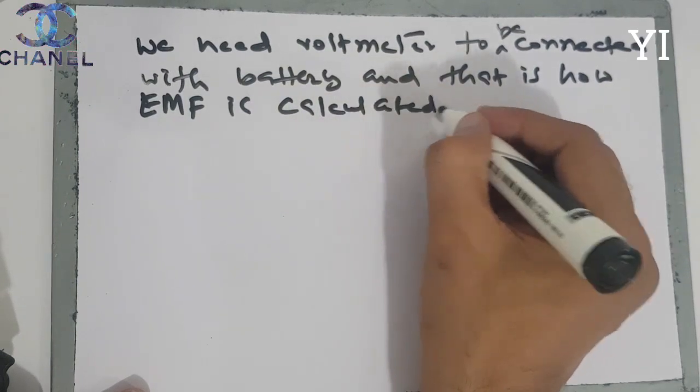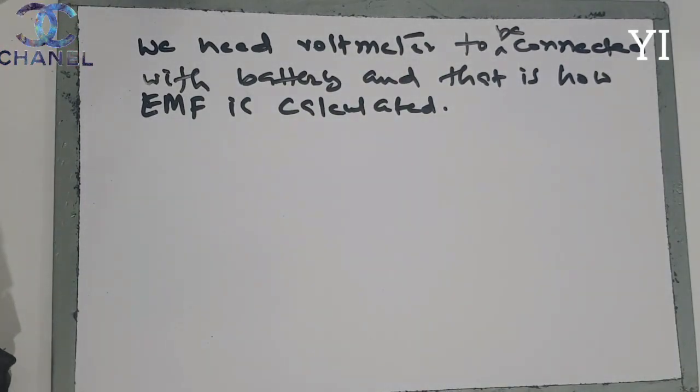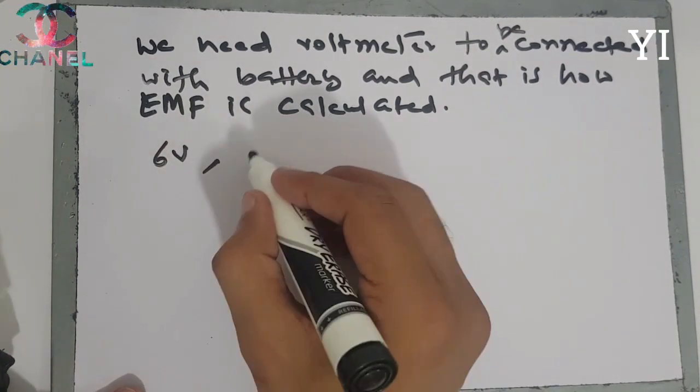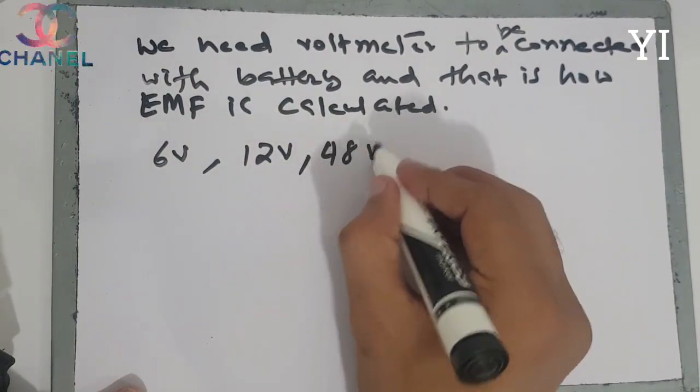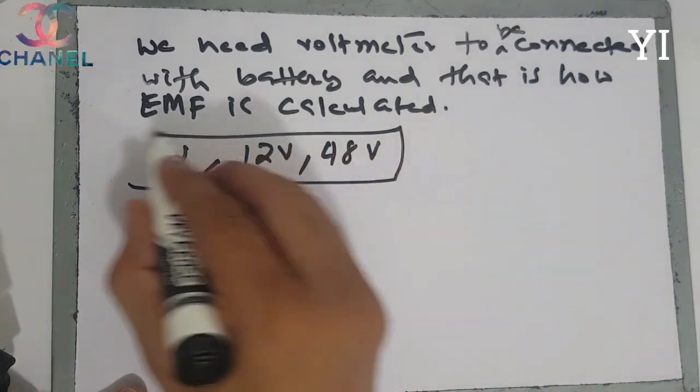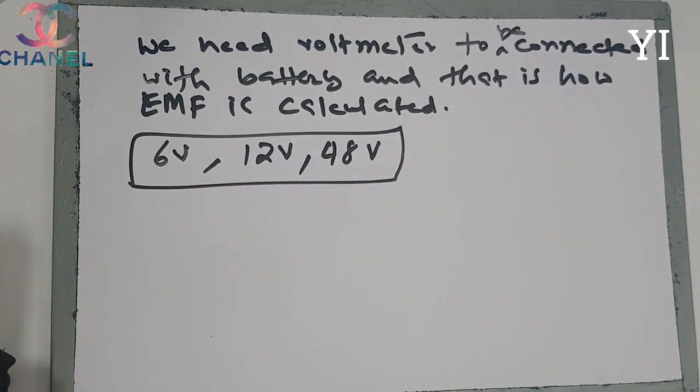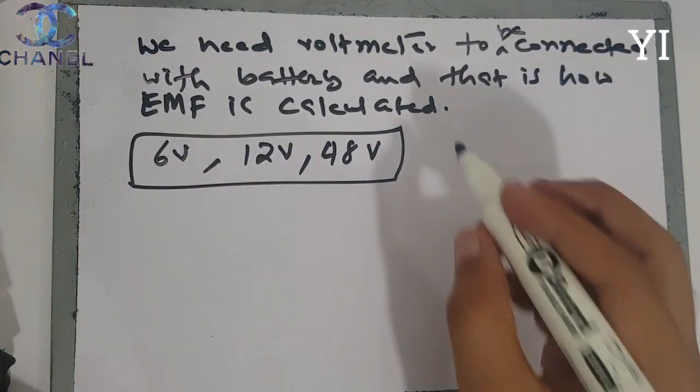Let us suppose we have connected a voltmeter with the battery. Sometimes it shows 6 volt, sometimes 12 volt, sometimes 48 volt. Actually, this is the EMF that is present in the battery that drives the current.